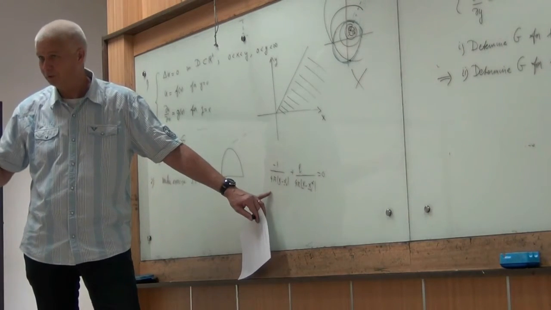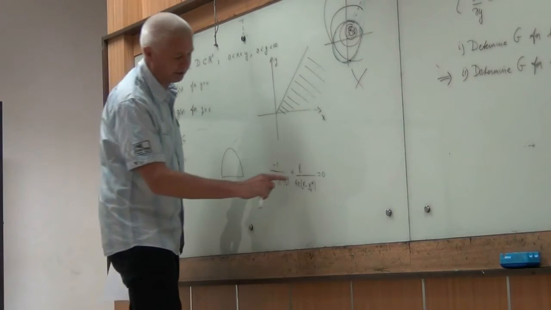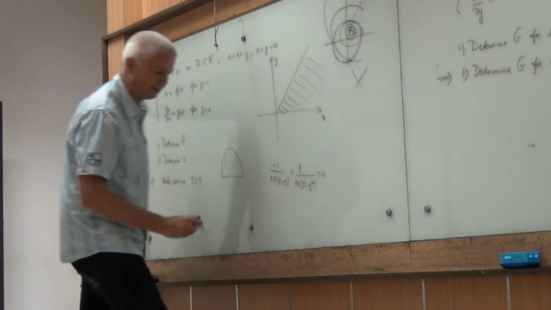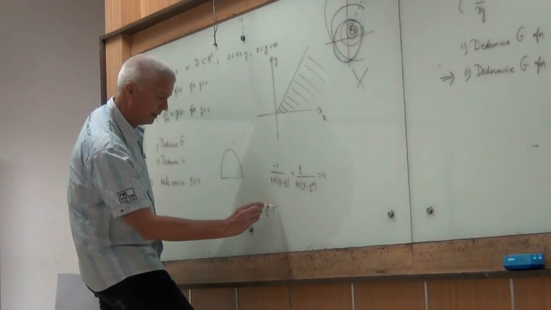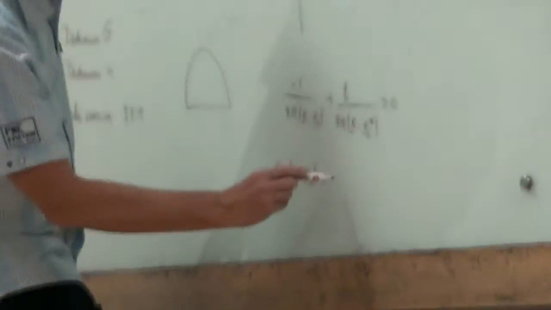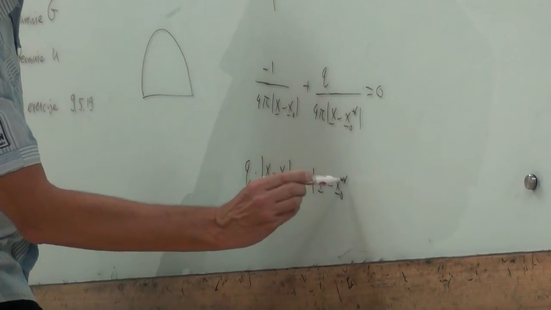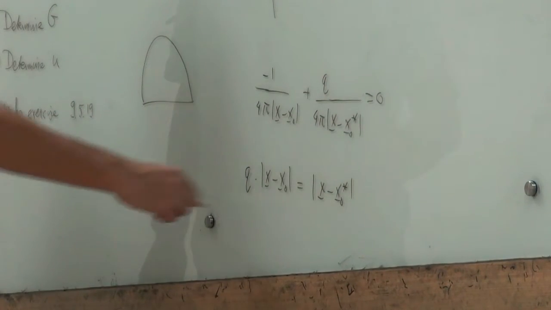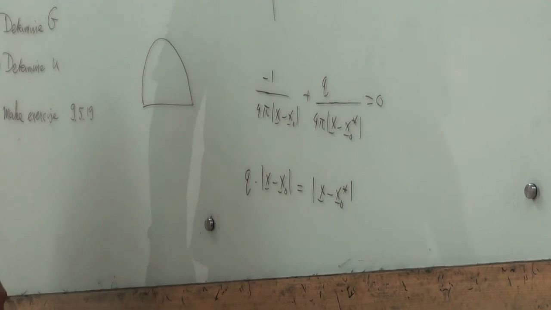But what do you have as a Green's function in R2? That's a logarithm. So what you should do is take both to the same side and multiply, and you get q times |x minus x0| is equal to |x minus x0 star|.